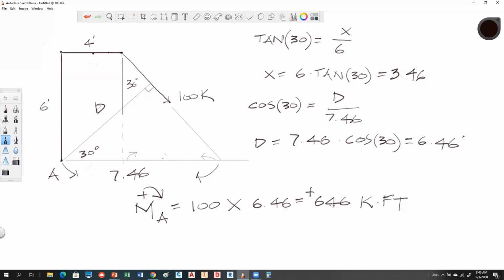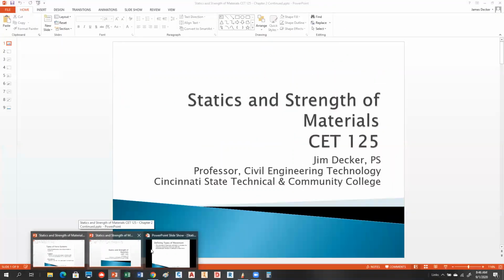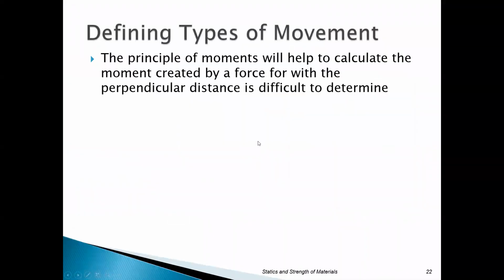So there's an easier way, and here's what we can do. Instead of having to solve this distance, we can use this property called the principle of moments. The principle of moments is going to allow you to take those forces and break them down.